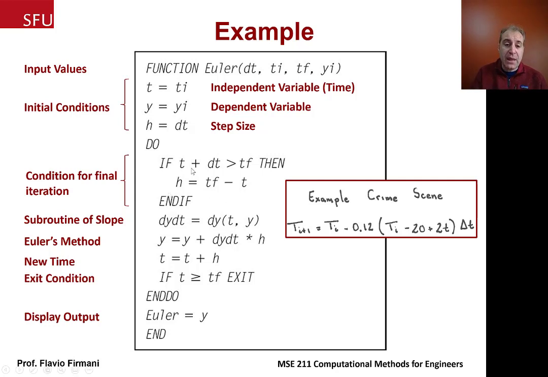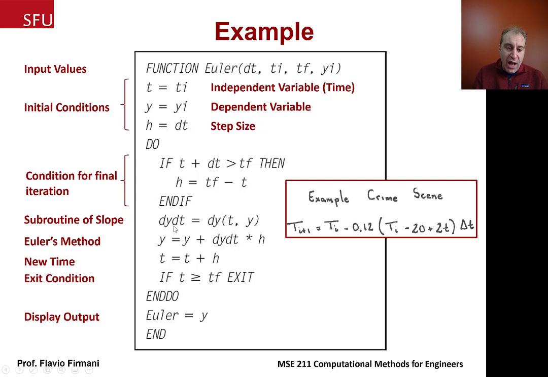So if the current time plus the delta time, the step time, is greater than the final time, then basically you're going to stop your iteration. You're going to just run it one more time. The new step time is going to be tf minus t. So you're going to reach that final time.